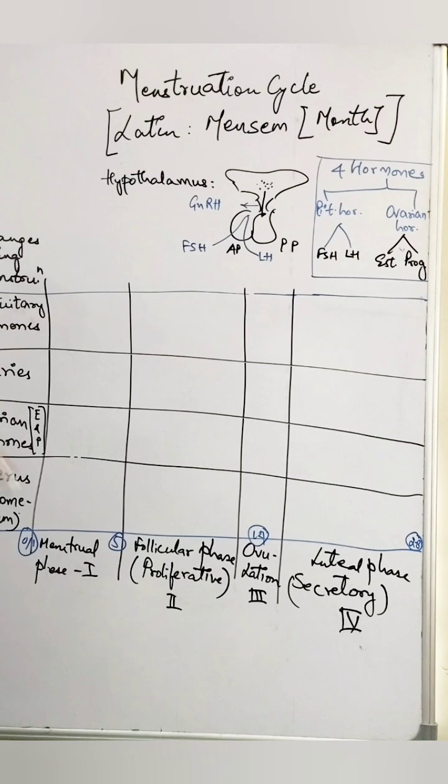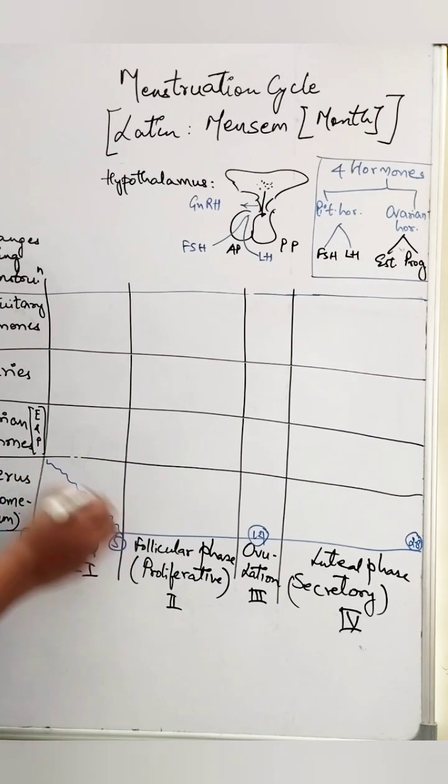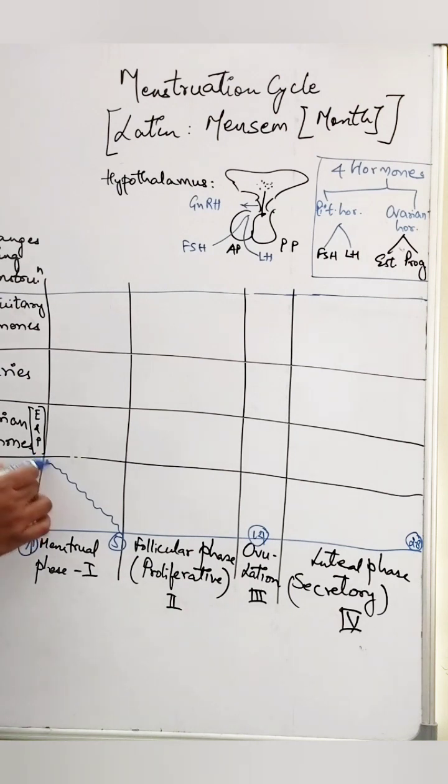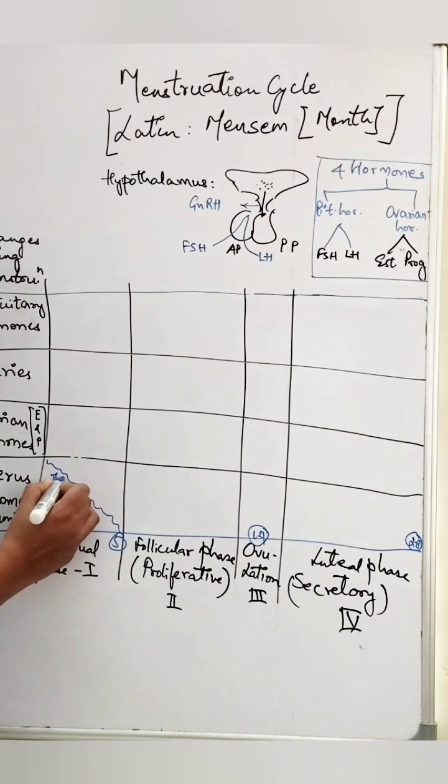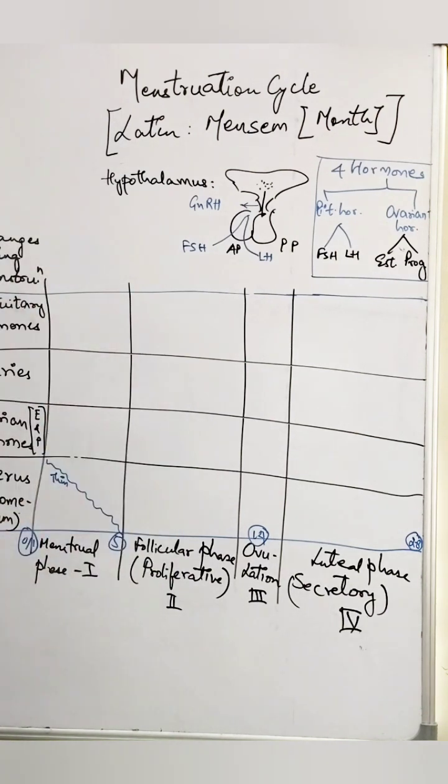In the uterus endometrium, as I told you, during the menstrual phase the endometrium lining will be decreasing because there will be a lot of blood shedding happening. So the thickness of the endometrium will be very, very thin because a lot of tissue has worn out. It has been totally scraped off.